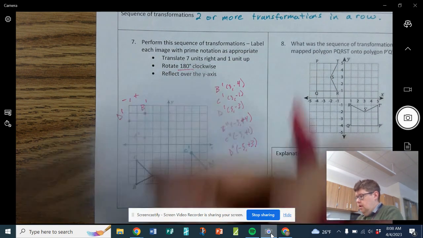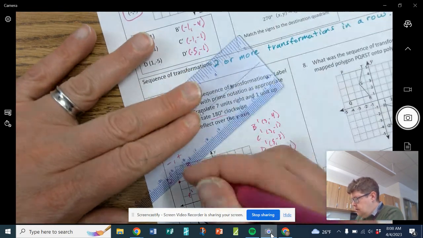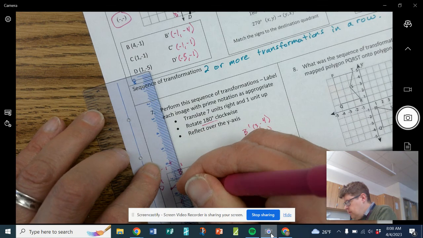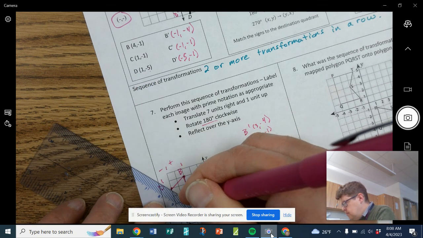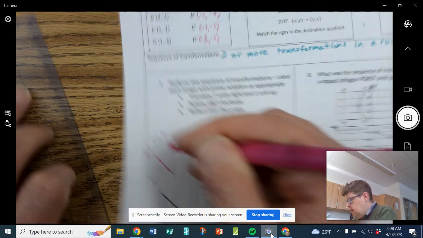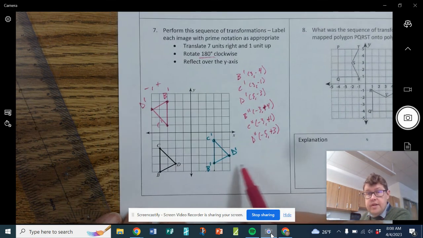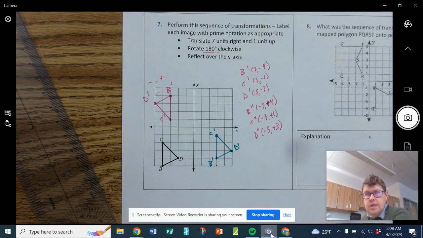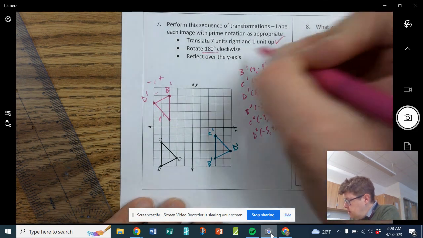Okay, so now I'm going to connect my points here. And I can see like D prime is pointing this way, so as it does rotation, D prime points that way. So, okay, cool. So that's, we've done that one, we've done that one.